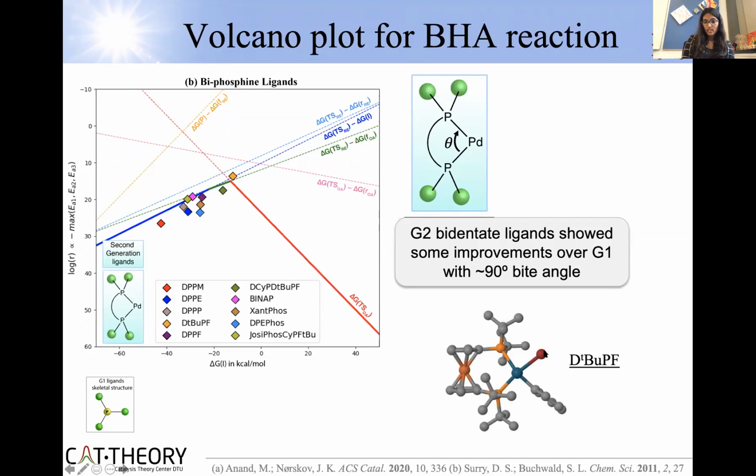You can see that this ferrocene-based ligand, the yellow marker here, lies very close to the top of the volcano, and in fact has a bite angle of around 90 degrees. So so far it seems to be reasonably predicting the experimental trends.